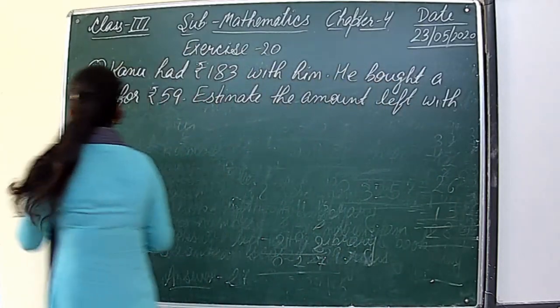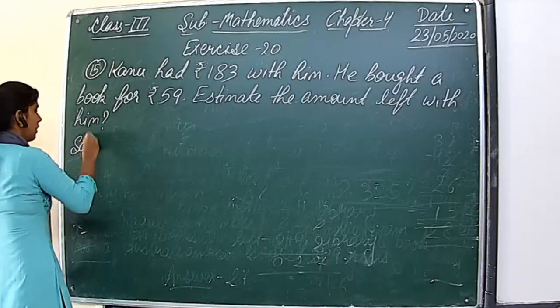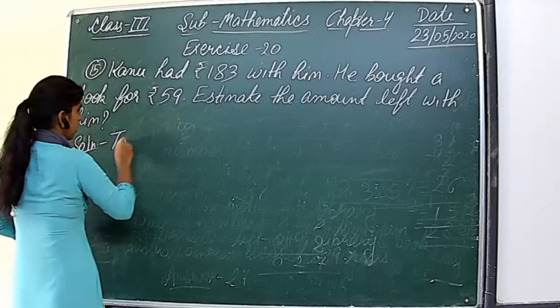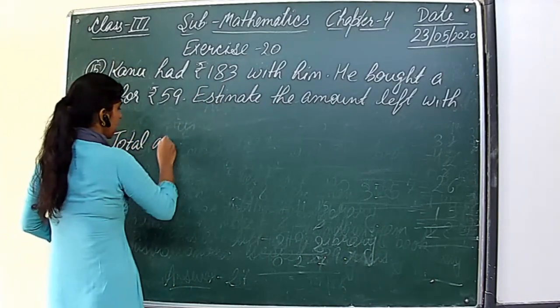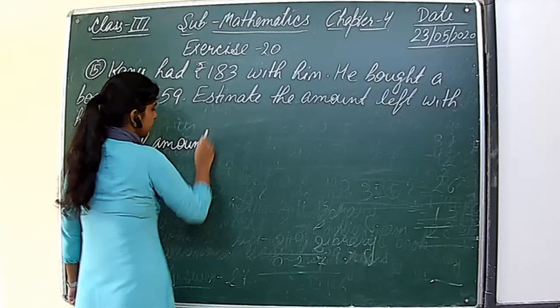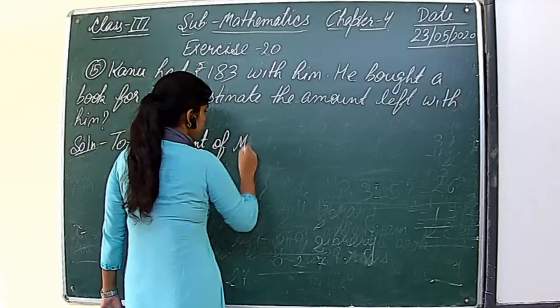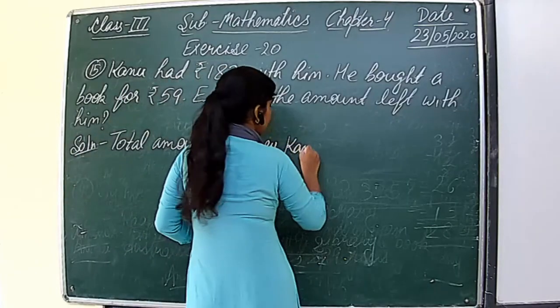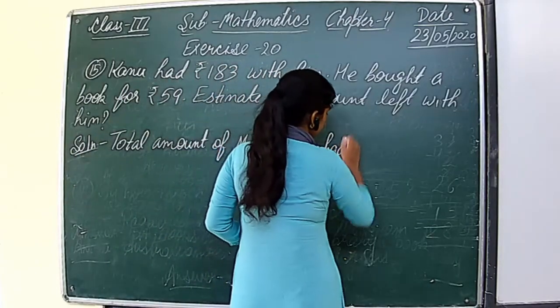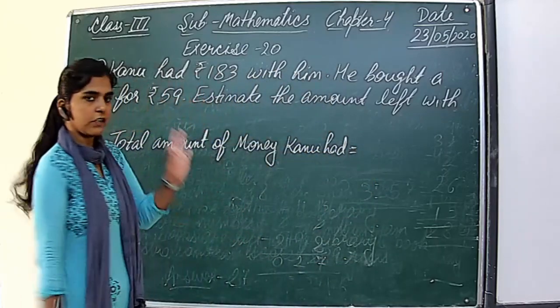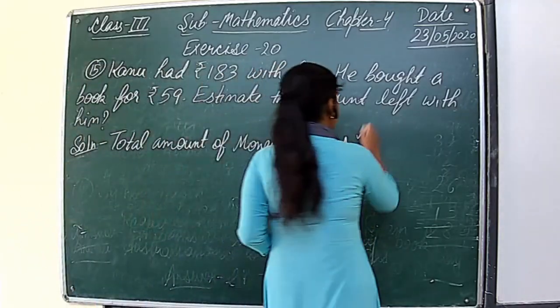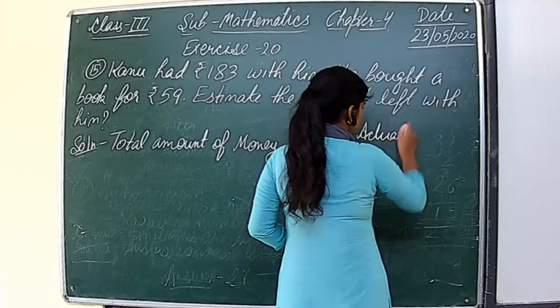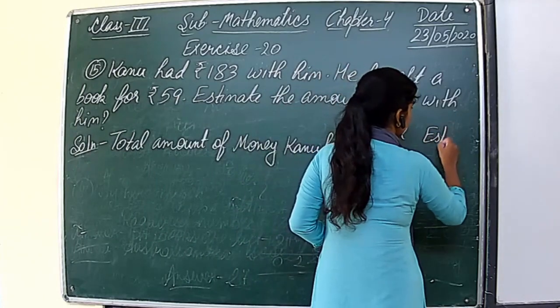So let us start the solution. Total amount of money Kanu had. See, what will we do here? We will write 2 headings. The first one will be actual and the second one will be estimated.